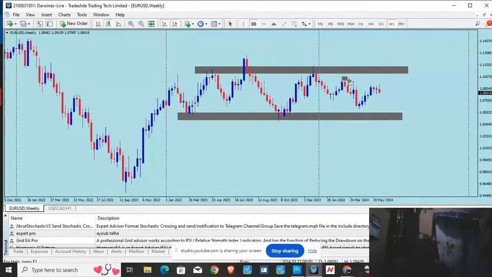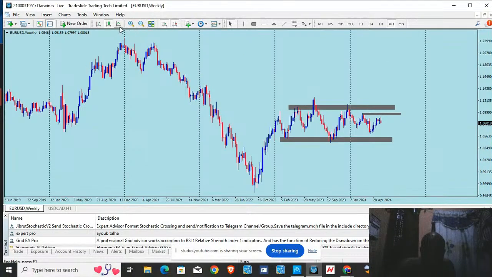When the market, okay, we have another area here. So here and here now. Let me zoom out. Then from there, I will go to my dailies.